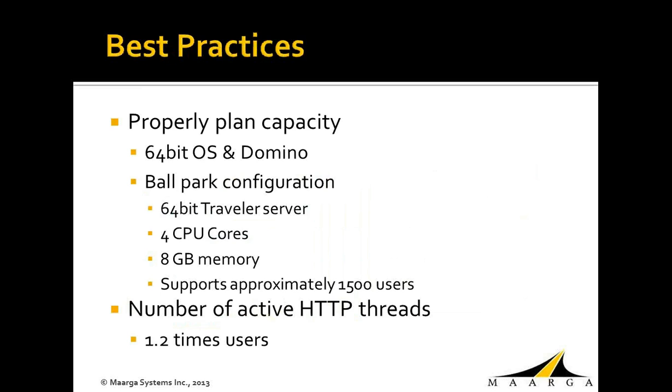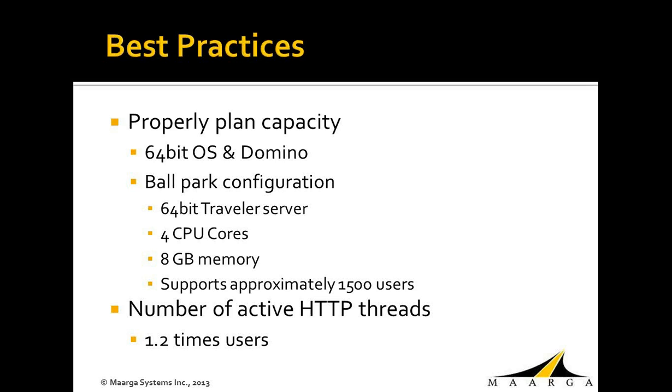And next, some best practices and considerations for a Traveler deployment. As of now, Traveler is available in both 32-bit and 64-bit binaries. It is always good to go with a 64-bit operating system, 64-bit Domino and 64-bit Traveler, because nowadays memory has become very cheap.